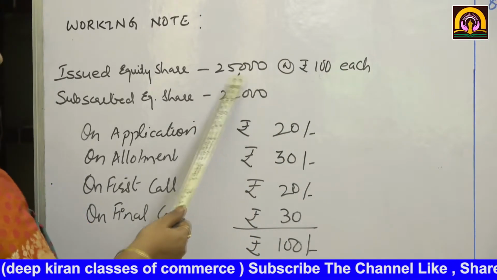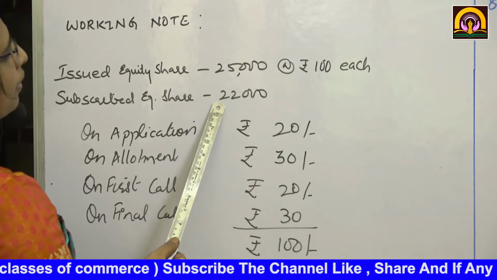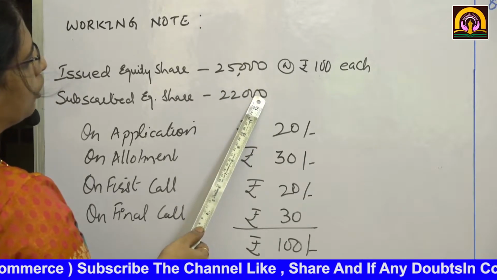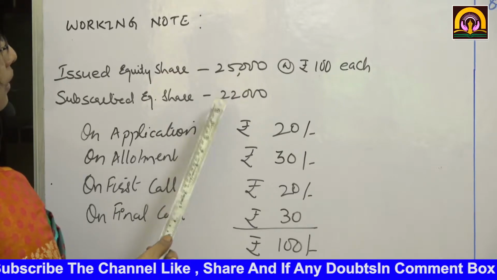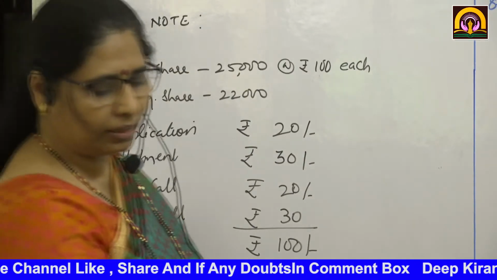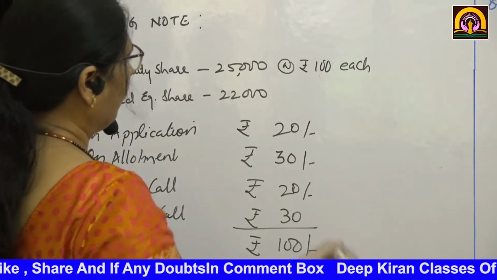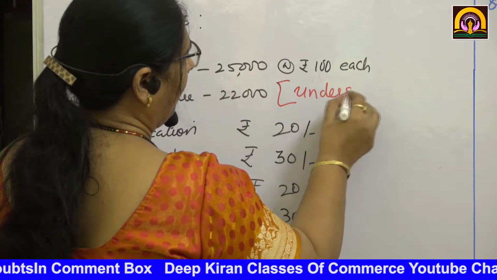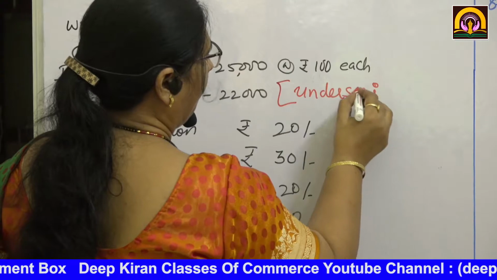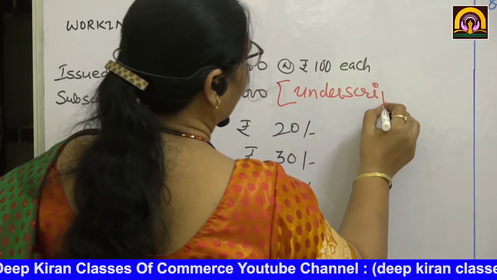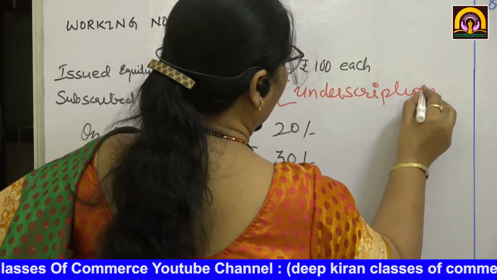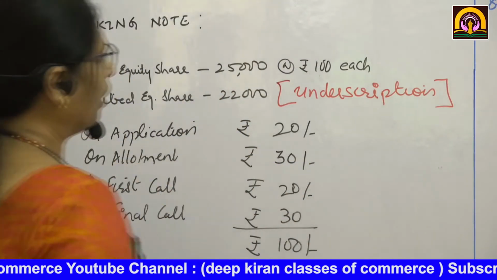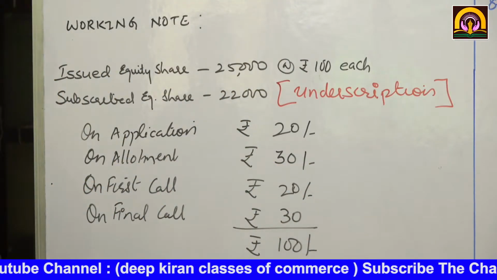But the people in general have subscribed to only 22,000 shares. It means there is under subscription.